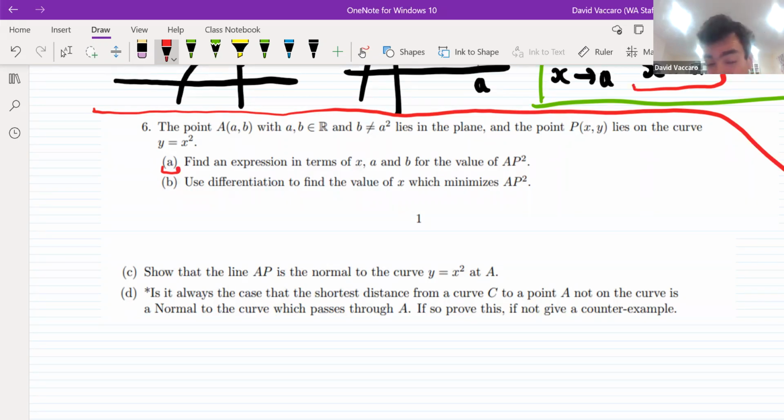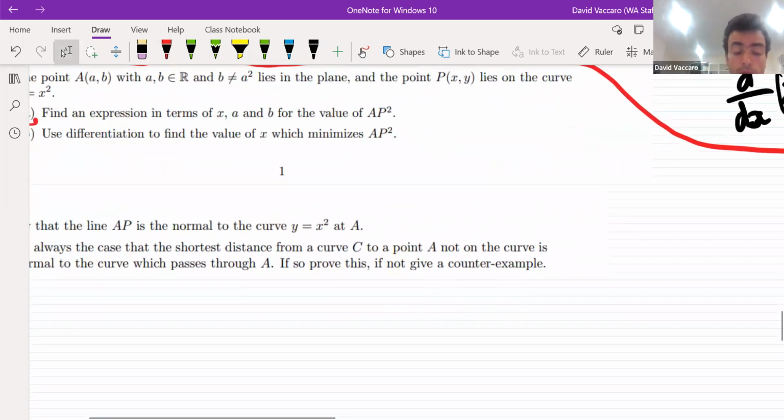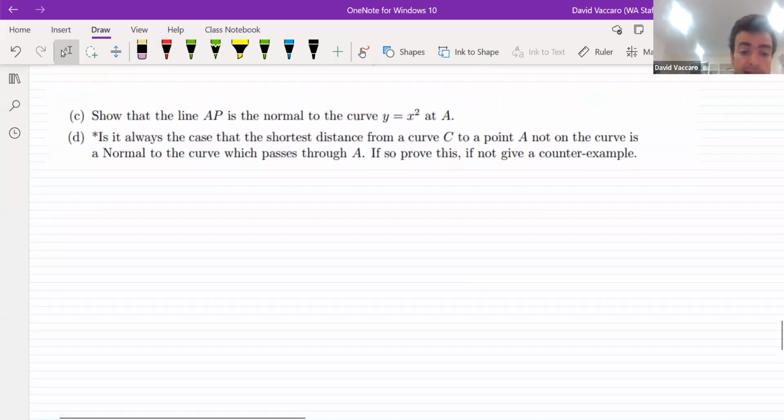Okay, so feel free to put in the chat what bit of mathematics you think you're going to use for part A. And part B obviously tells us to use differentiation. But let's go through parts A and B. So a natural place to start is a diagram.